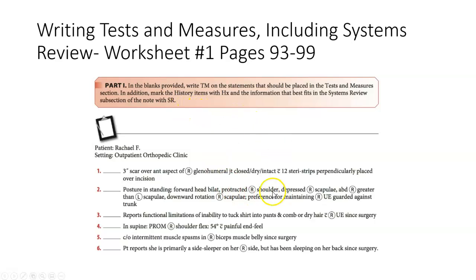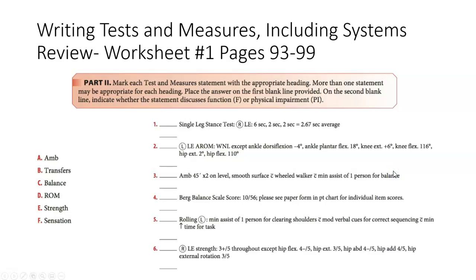So there's a list of these there. All you need to do is either mark them as TM for tests and measures or HX for the system review.